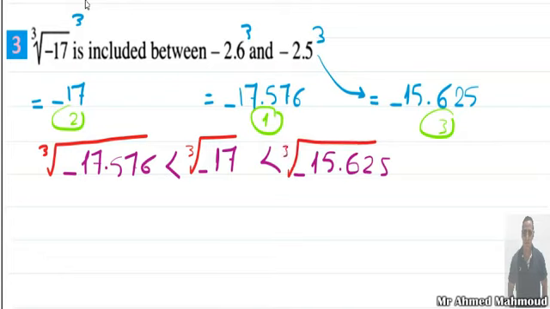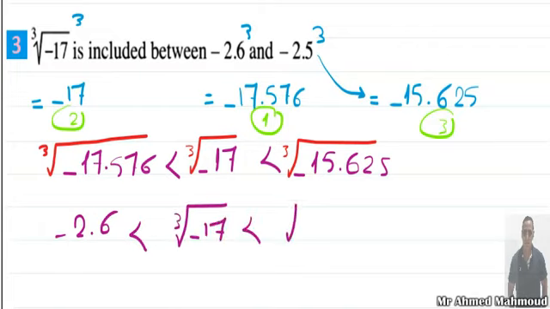The first one equals negative 2.6. This is cubic root negative 17, and this is negative 2.5. Therefore cubic root negative 17 is between negative 2.6 and negative 2.5.